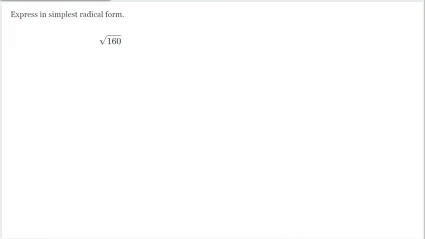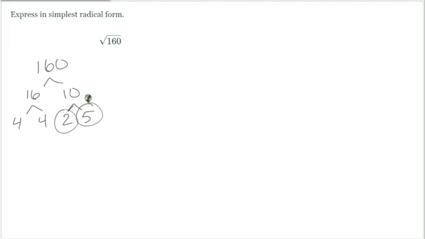So I will try this last one since it's a bigger number, just using that trick and see if we can work from there. So again, we're going to start with our prime factor tree, 160. Well, I know that's 16 times 10. I know 16 is 4 times 4. I know 10 is 2 times 5. 2 and 5 are prime. 4 is not. 4 is 2 and 2.